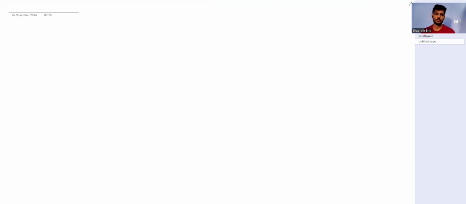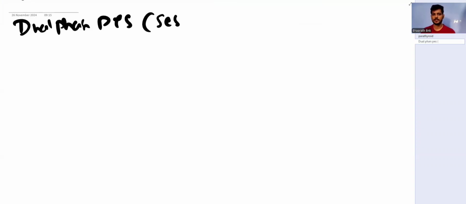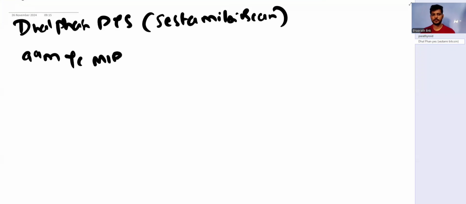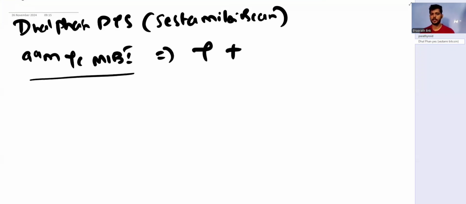But this is obsolete now. What we use now is a dual phase parathyroid scintigraphy, which is nothing but a sestamibi scan. Here 99m technetium sestamibi is given. This is taken up both by thyroid plus parathyroid.